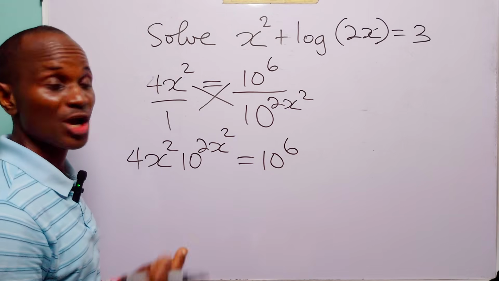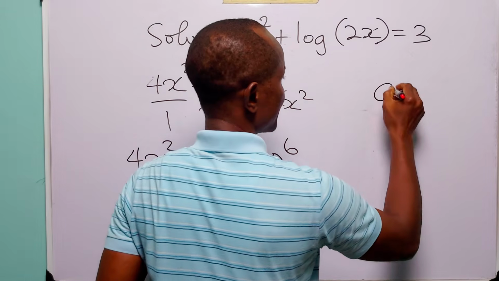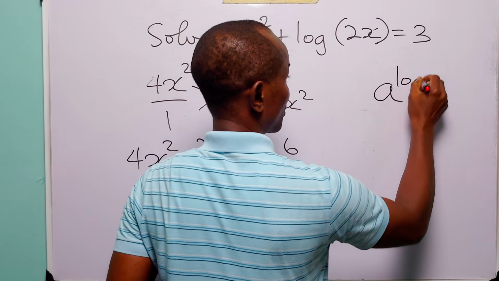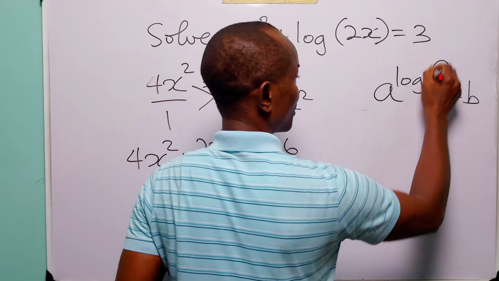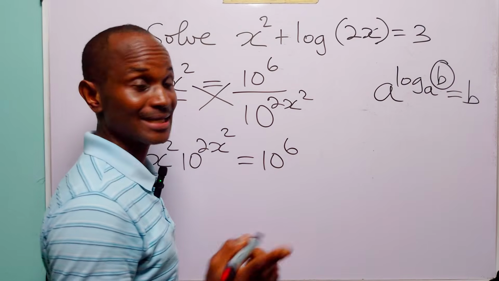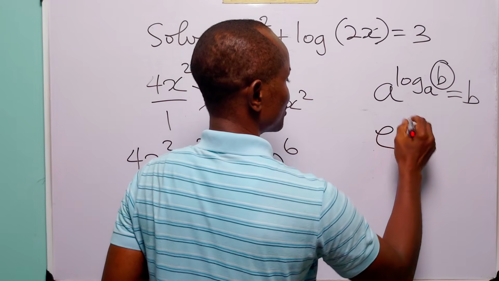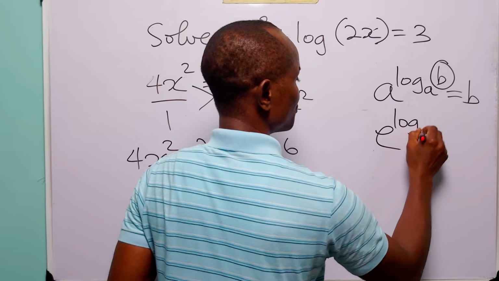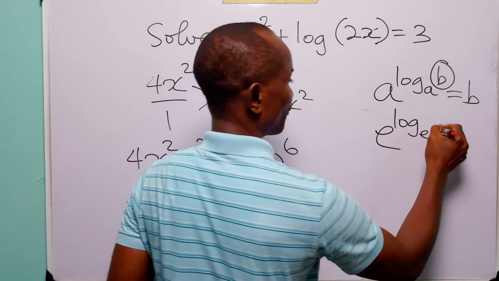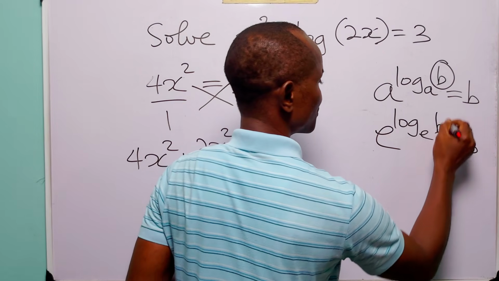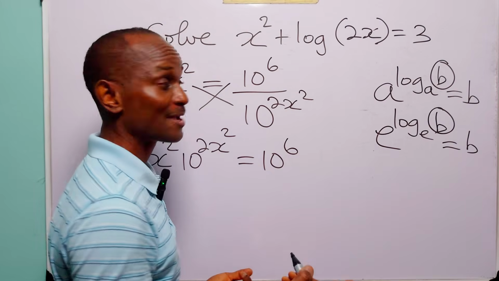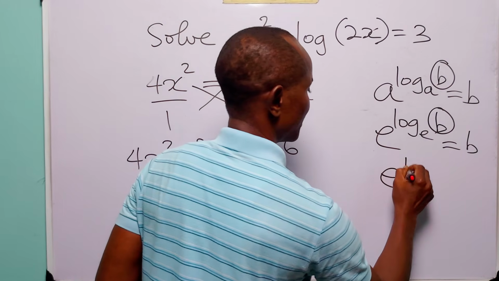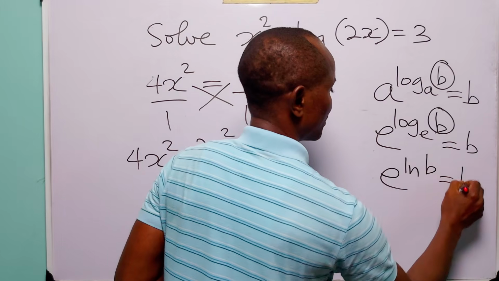Now, at this point, remember that a to the power log to base a of b is equal to b. And in that same way, e to the power log to base e of b is equal to b. But of course, you know that log to base e is the same thing as ln.